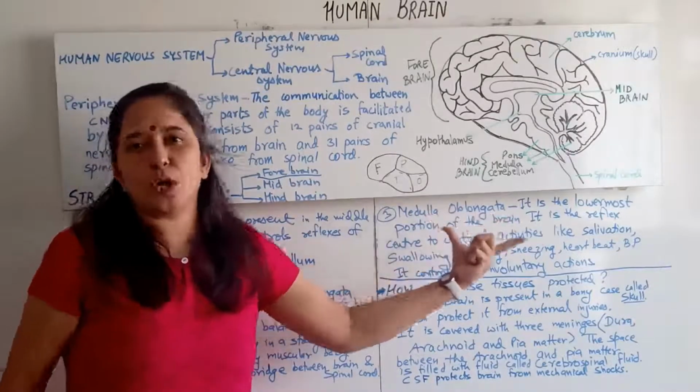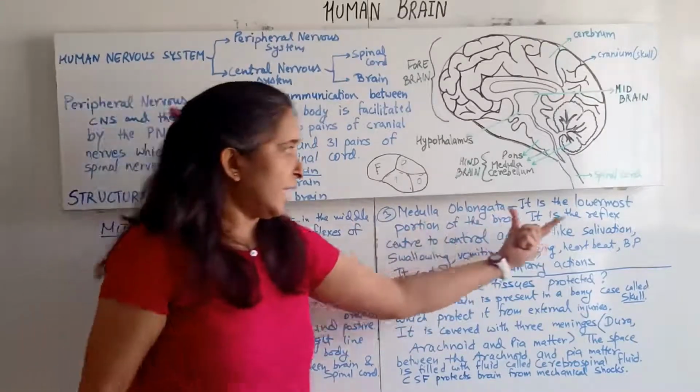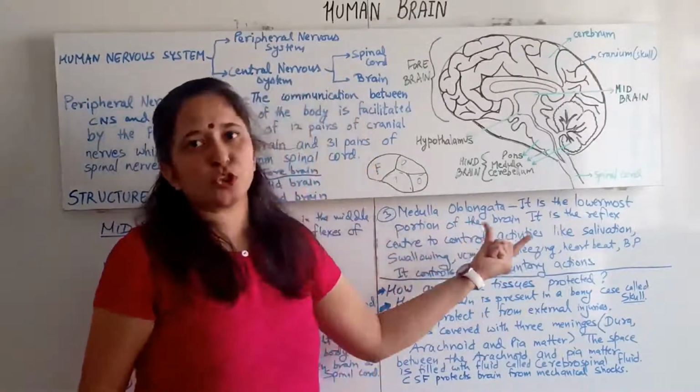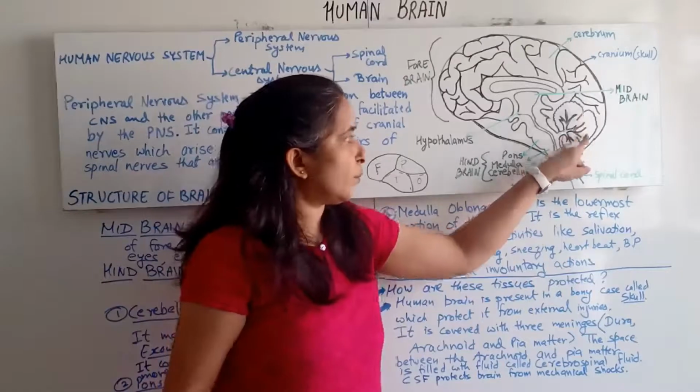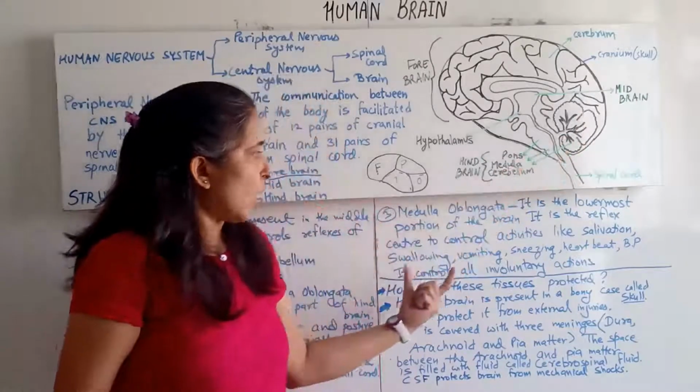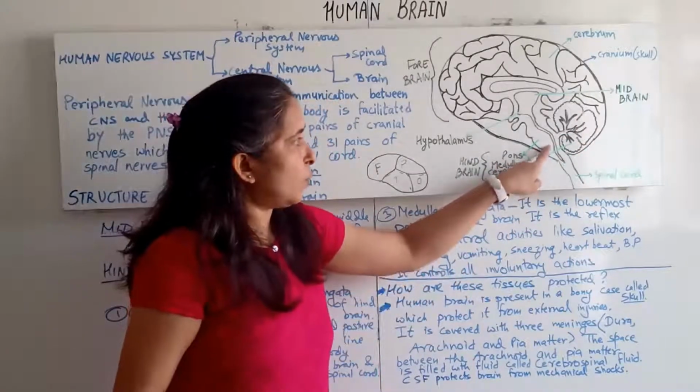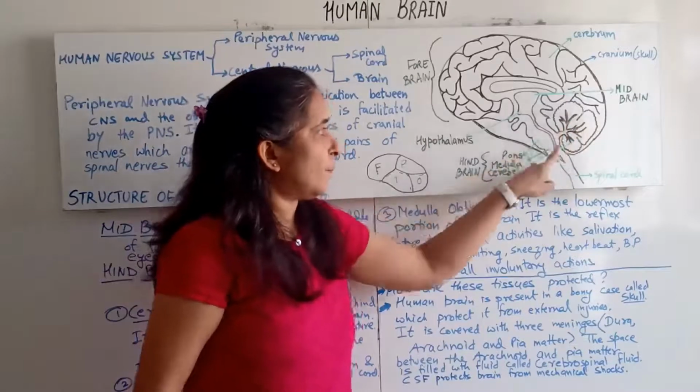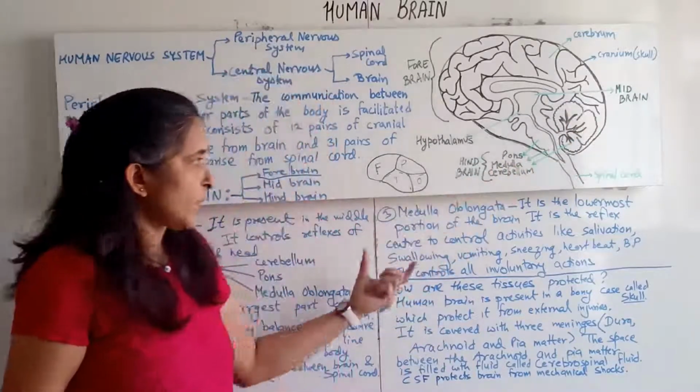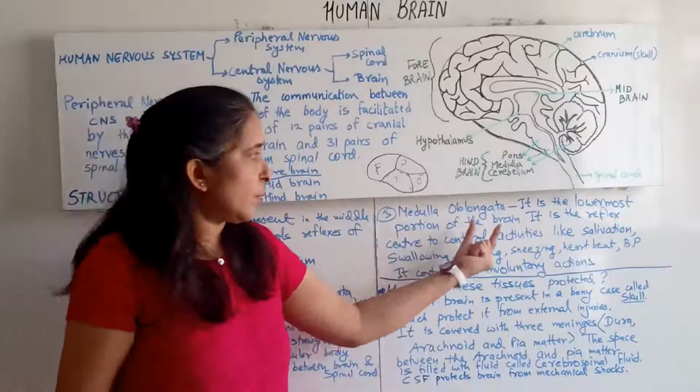Now what is this medulla oblongata? It is the lowermost portion of the brain. Here, this one is the cerebellum, and this one is the medulla oblongata, the lowermost portion of the brain.